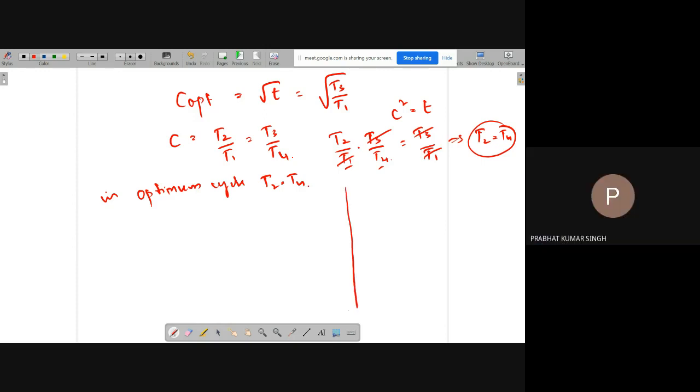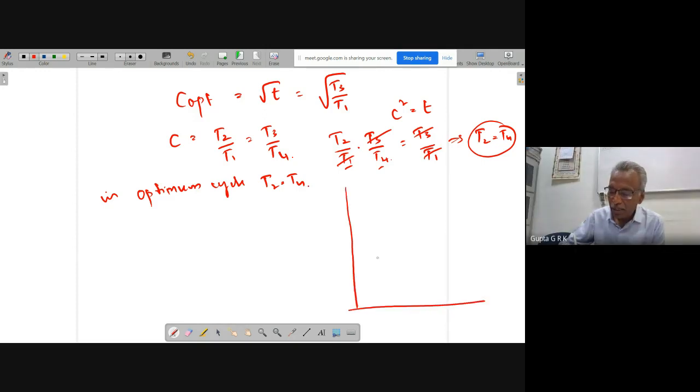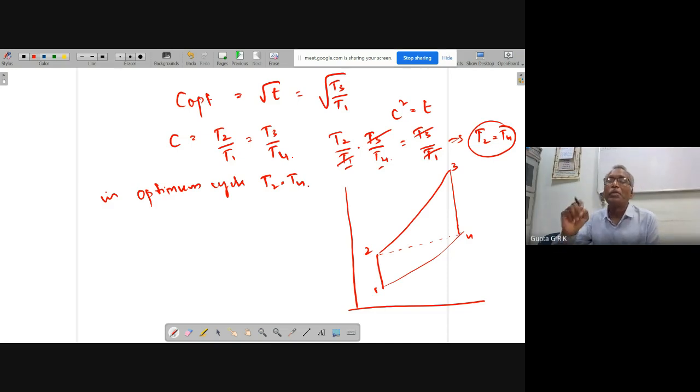If it is like this, this is 1, this is 2, this is 3, this is 4. So this must be approximately equal to this. Then only I will get the optimum cycle or optimum work.